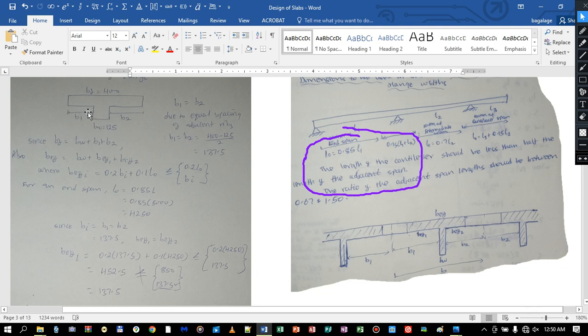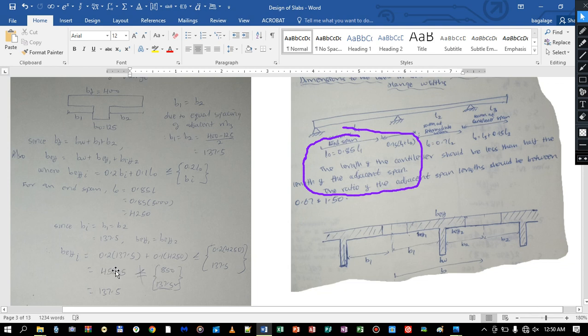So now, to get the effective one, this is the formula, and since we have our LO and that very distance, we can now get it, which is 0.2 times 137.5 plus 0.1 times LO, which is 4050.